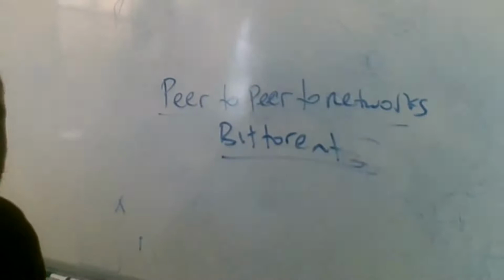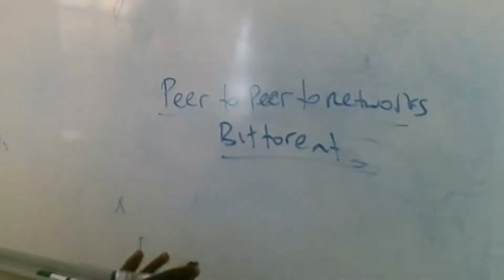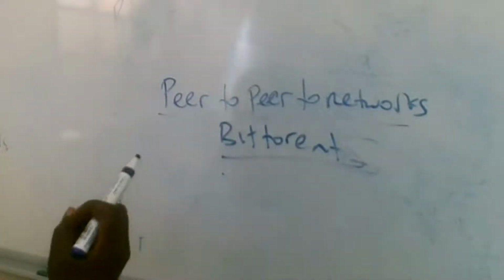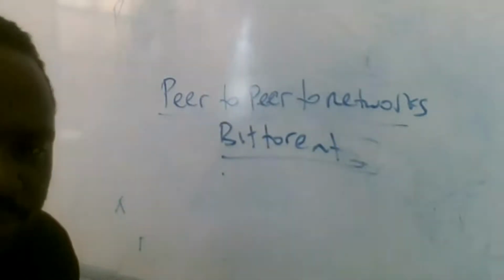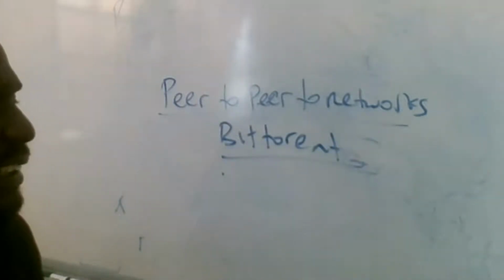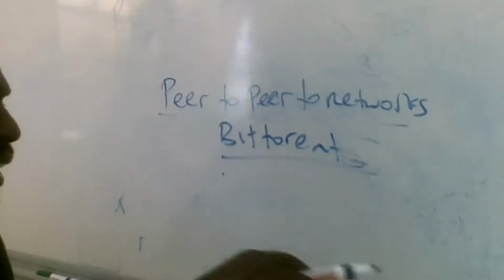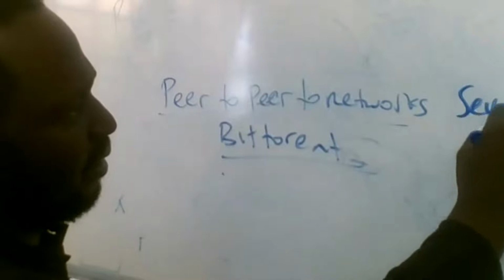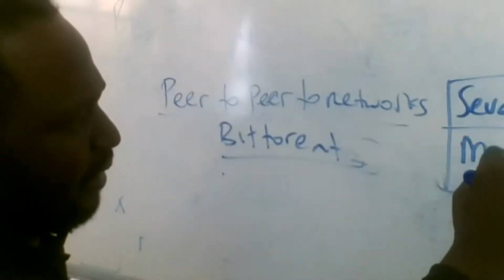We said BitTorrent works in a way that the computers that download one of the files will keep that file, and then they will become the source of that file. So assuming we have a server somewhere, and skipping a movie.